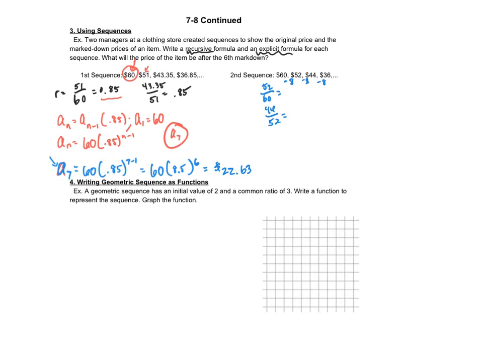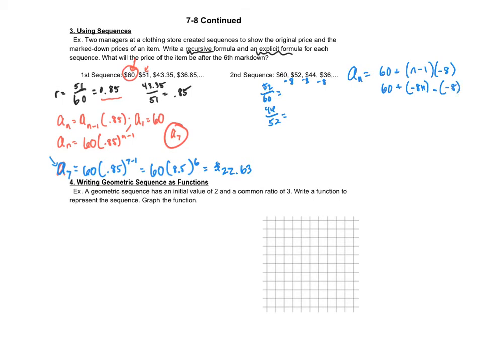Okay, so if it's arithmetic, then we have AN is going to be equal to A1, which is $60, plus n minus 1 times my common difference, which is negative 8. And if we simplify that, we can do some distribution, and that would be negative 8n minus 1 times negative 8, which is positive 8.